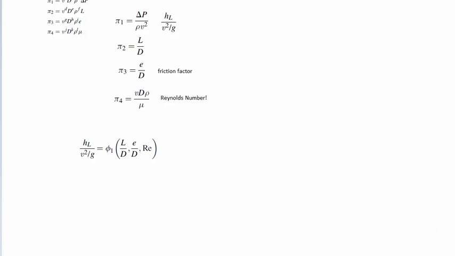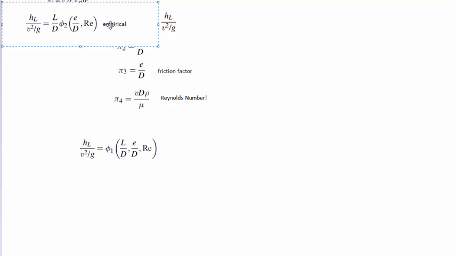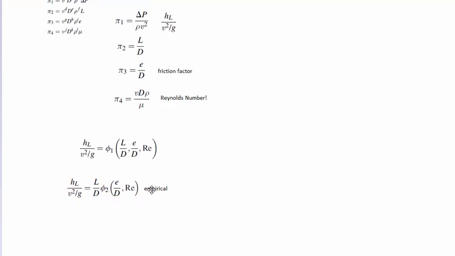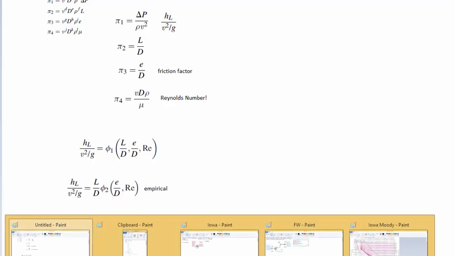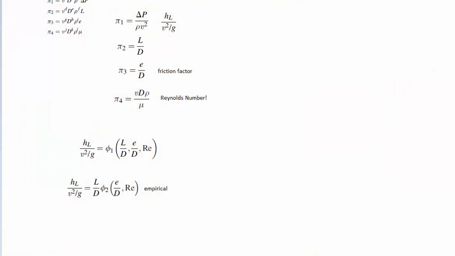From empirical studies, which means they just did a bunch of experiments and ran a bunch of numbers, they found that this L over D, this pi group number 2, is directly proportional to this. So this basically just means it's related to the other one by the first power and some sort of proportionality constant. We're changing the constant from phi 1 to phi 2, but it's still an unknown proportionality constant, so that doesn't change too much.